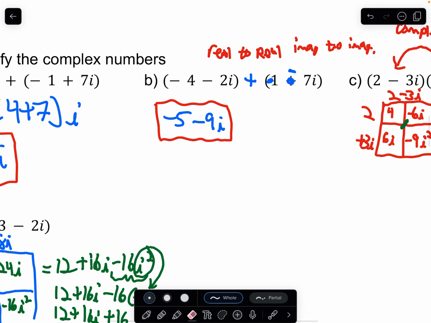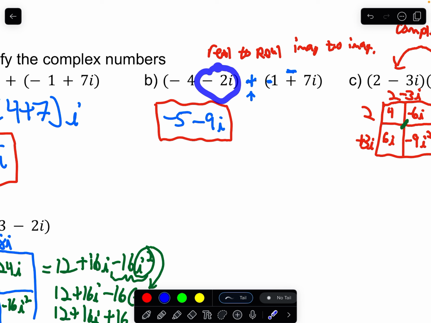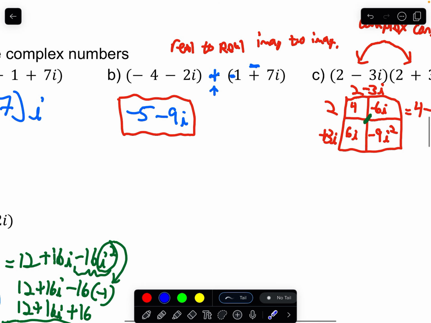For B, which was subtraction, I always warn my students, and I'm warning you, when you subtract, add the opposite so you don't forget that negative sign, because a lot of times you will. So then it becomes just like the A: negative 4 plus negative 1 gives you negative 5. Negative 2i plus a negative 7i gives you a negative 9i. And that's the result. Negative 5 minus 9i.